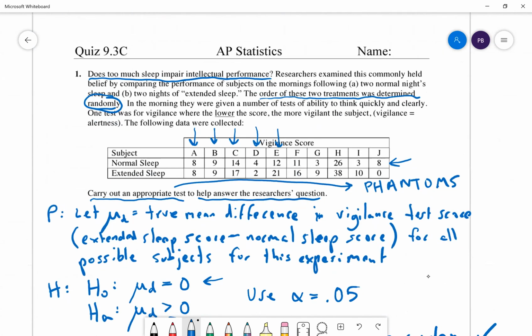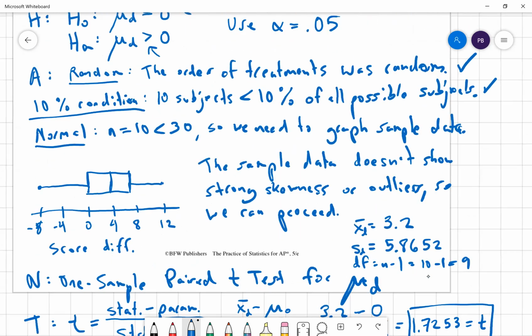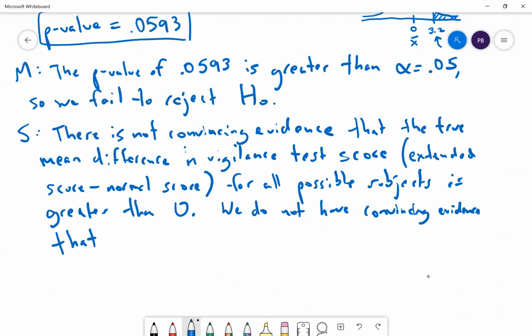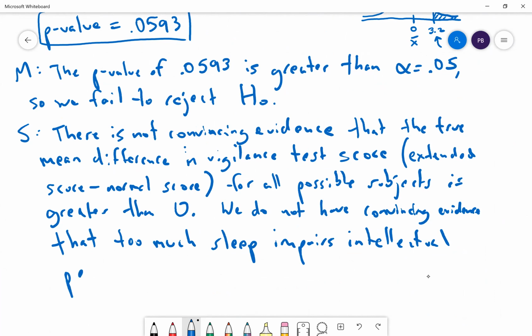Too much sleep impairs intellectual performance. So we do not have convincing evidence that too much sleep impairs intellectual performance.